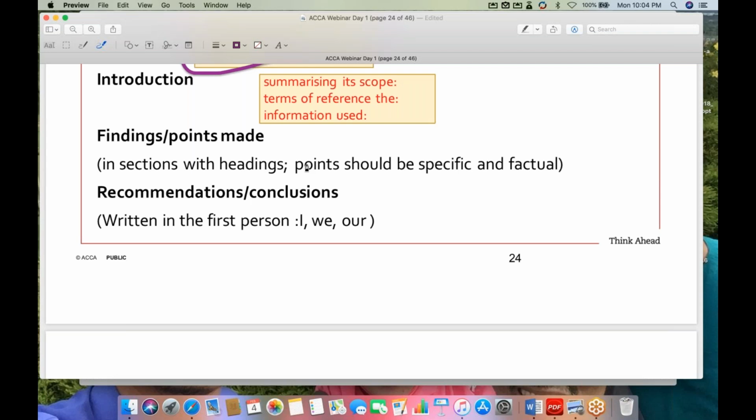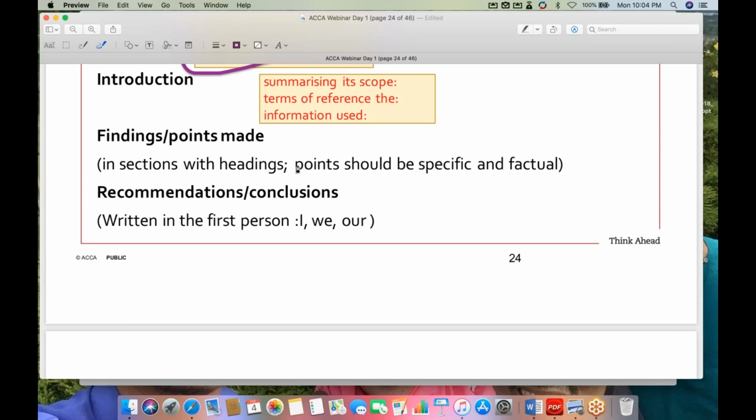Whatever that something is, that is supposed to be the headings of your findings here. So it's best to put whatever action you're supposed to be doing in answering your requirements; that should be the best headings that you're going to have here.